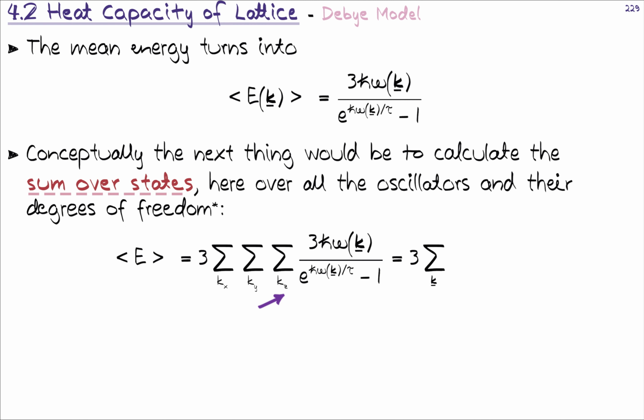Because remember, the amplitude of k is 2 pi over lambda, and then we have a discretized k. So in principle, we are describing the wave vector k using a set of 3 integers.